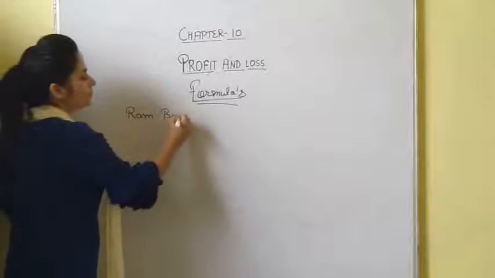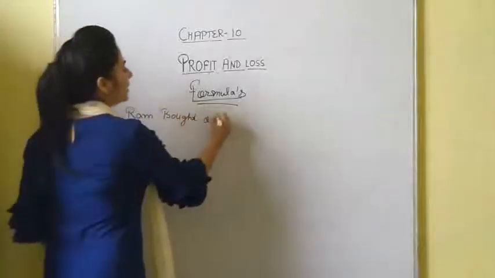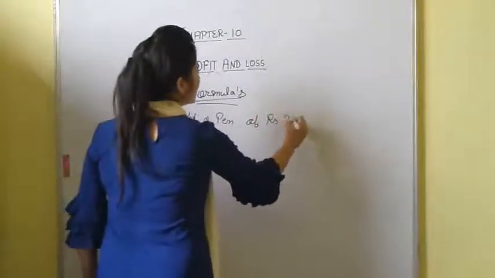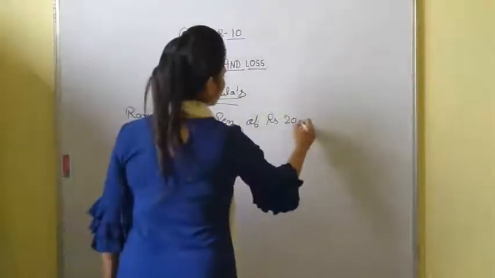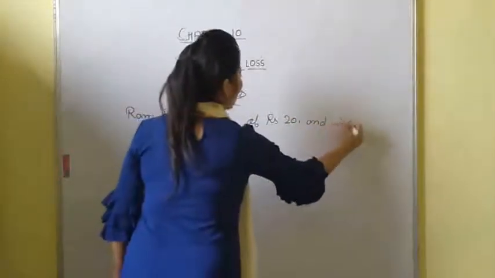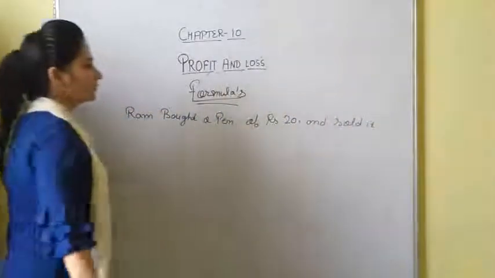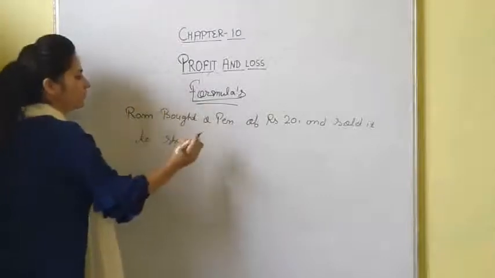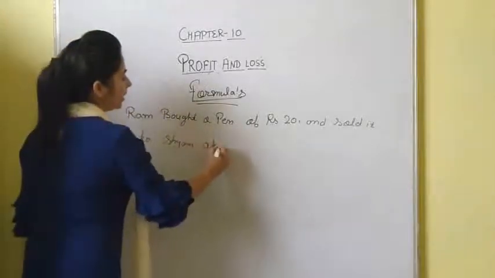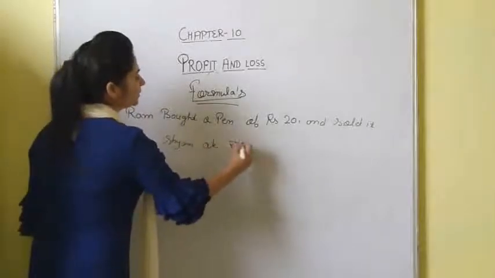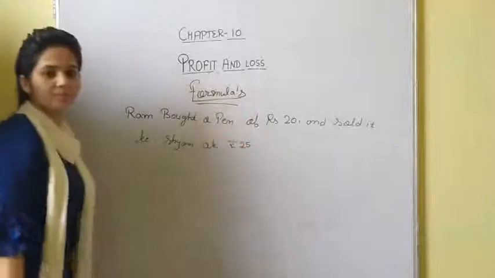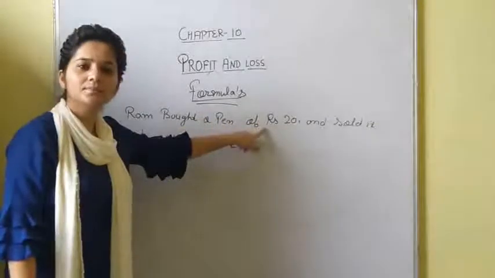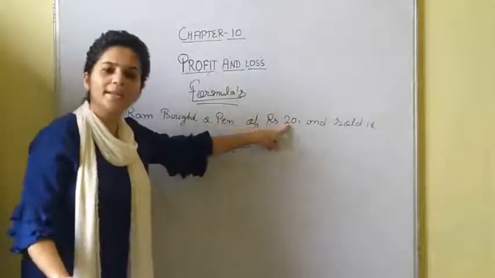Ram bought a pen of ₹20 and sold it to Shyam at ₹25. राम ने क्या लिया? एक पेन लिया. कितने रुपीस का? 20 का.